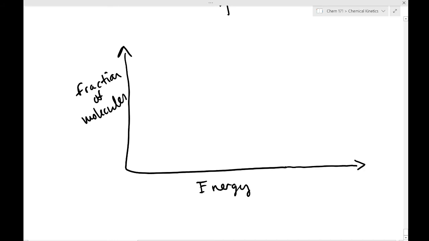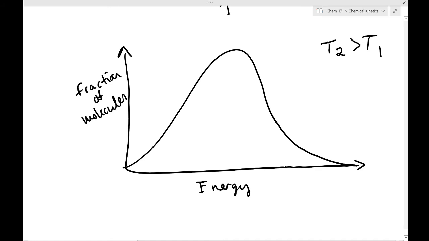Okay, so if we have a case where T2 is greater than T1, let's draw the distribution for T1. T1's distribution looks something like this, maybe. T2 is greater than T1, so the fraction of molecules that have a higher energy is going to be greater. So T2's energy distribution is going to look something like this.